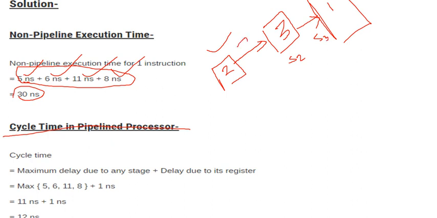So this S1 stage passes the data to S2 in 2 units, but S2 will still be processing the data, because it needed 3 units of time. So if we send this data in 2 units, then definitely the data will overlap somewhere, or it will get messed up. So instead of passing the data in 2 units of time, if we pass it in 3 units of time, then see what will happen.